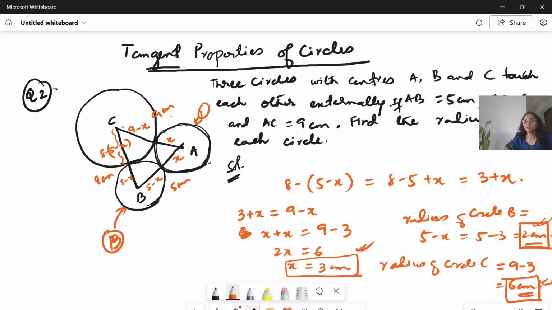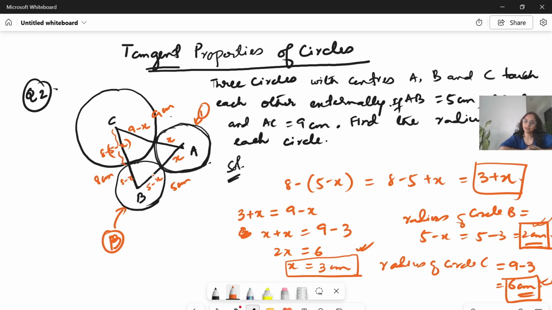Similarly, if this is 9 minus x and this part, the full BC was 8, so 8 minus (5 minus x). If we solve that, we get 3 plus x. So 3 plus x and 9 minus x, they are the same. We solve it and we get the radius of the circle. So in this question we have not used any of the tangent properties, no theorem, nothing. Just by the simple radius concept, we are able to solve this question, right?